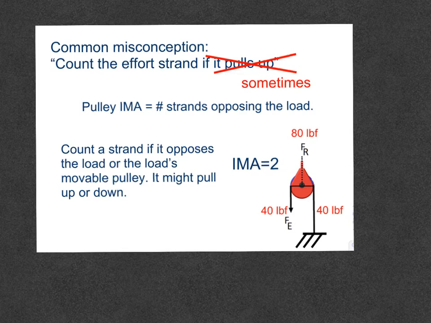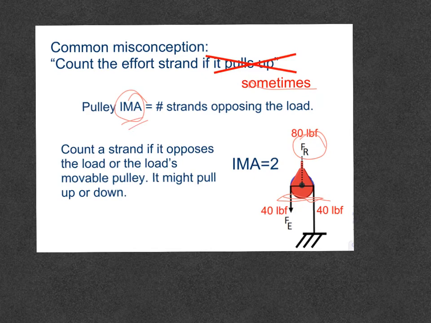You have to analyze. I'm going to count all the strands that are in there. It doesn't matter if they're going up. No. So you have to identify where the resistance force is, and then you're going to count the strands that are opposite to that resistance force. That's another misconception that you have most of the time when you're calculating ideal mechanical advantage for pulleys.